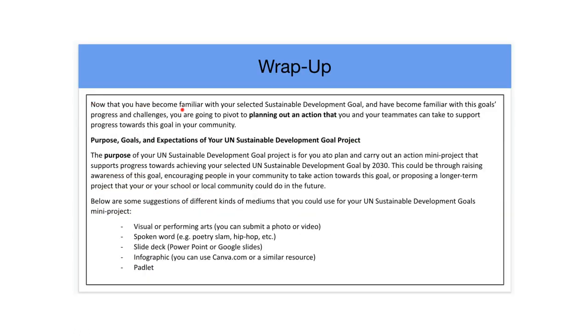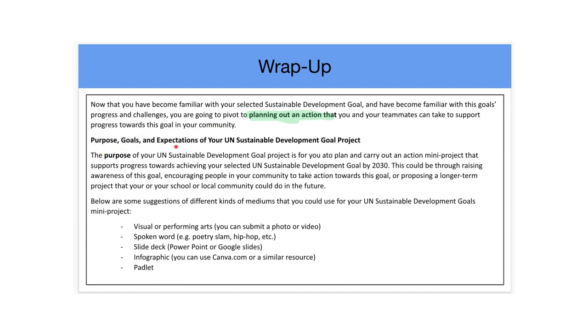Now that you have become familiar with your selected Sustainable Development Goal and you have become familiar with these goals' progress and challenges, you are going to pivot to planning out an action that you and your teammates can take to support progress towards this goal in your community.